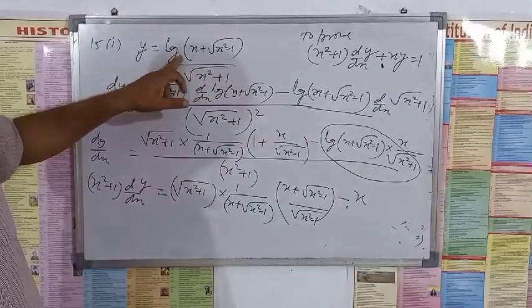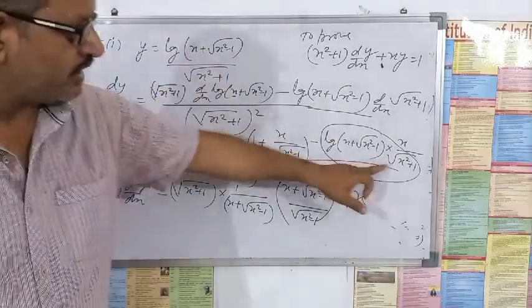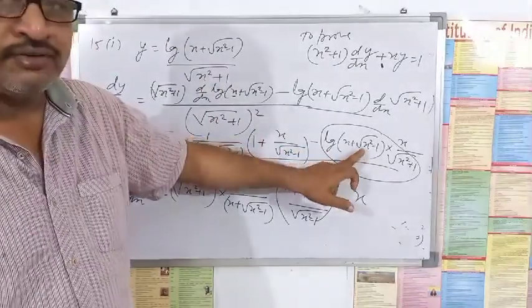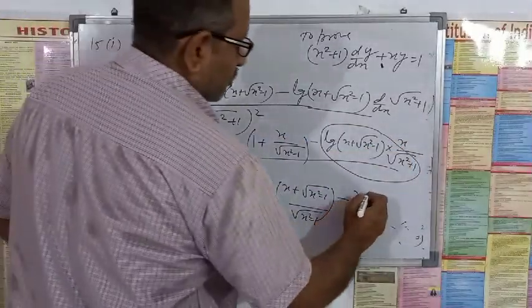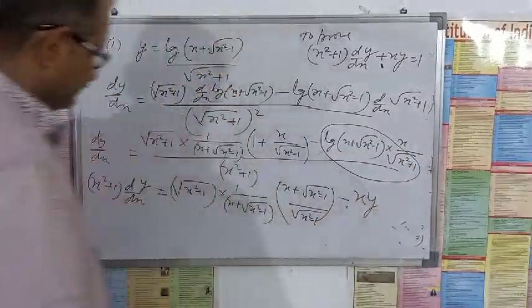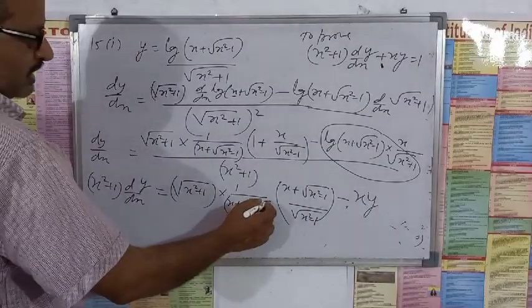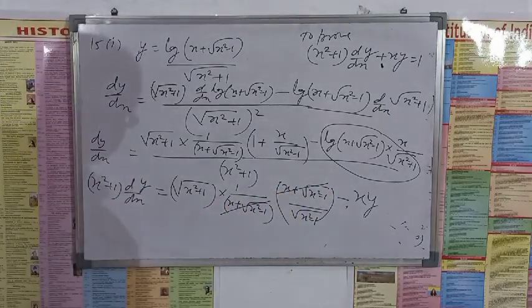See here. Log x plus root x square minus 1 upon root x square plus 1 is equal to y. So in place of this we can write y. So it will be y into x, so minus xy. This part cancels. This part is cancelled.